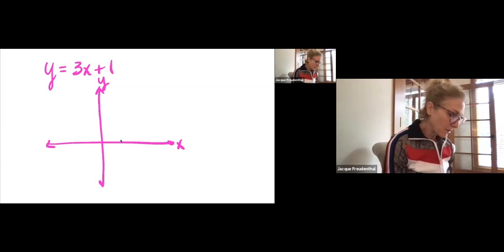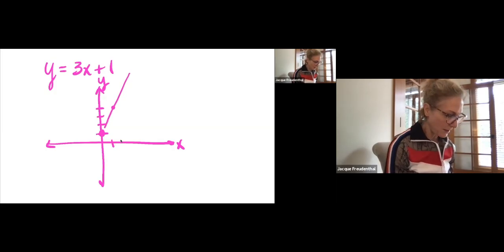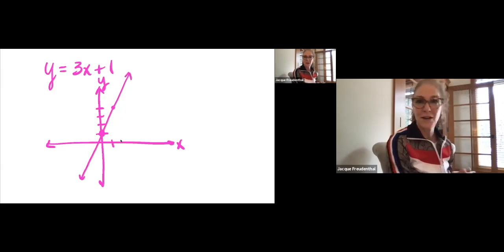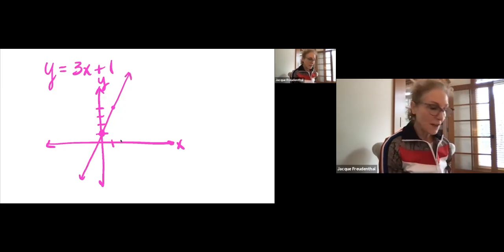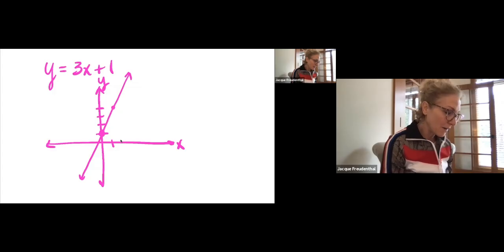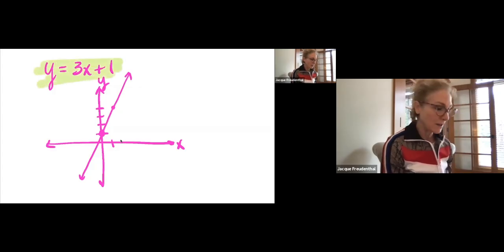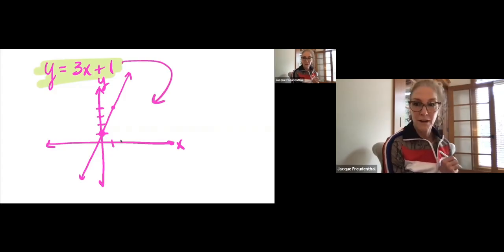We know that it goes through the point (0, 1), the y-intercept, and we know the slope is 3/1. So on a very sloppy graph, this is what the graph looks like. We know that just because we are comfortable with that equation, especially being in the form y equals mx plus b. So this equation creates this graph.